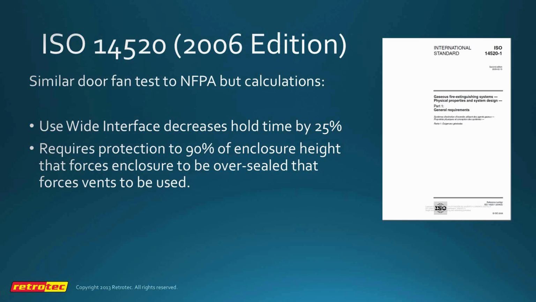In addition to that, a lot of people take note of the fact that the standard requires a descending interface to hold to 90% of enclosure height, which forces the enclosures to be incredibly airtight and forces them to have vents all the time. So a very different situation, with ISO primarily used in Europe and NFPA primarily used in the US and probably Southeast Asia.